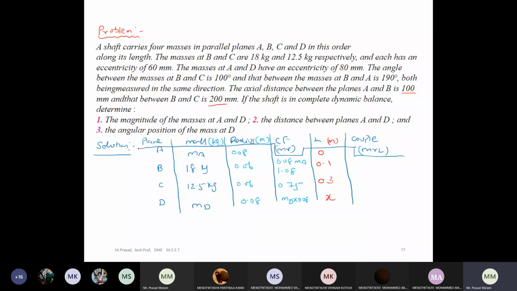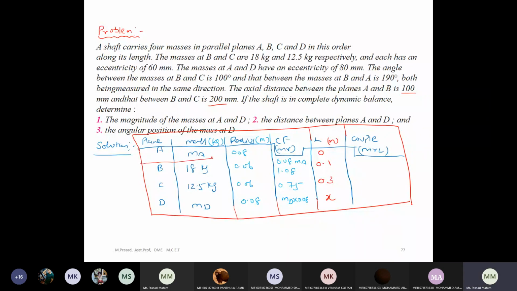Now from this, let us try to find out the couple data. Can anyone solve for the couple, dear students? Couple is nothing but m r into l. This is for plane A data.